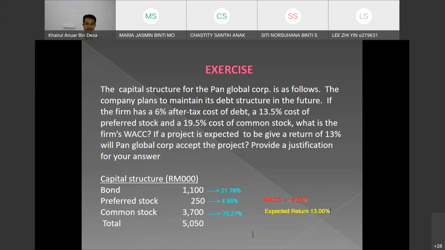So what is your decision? Okay, sekarang apa keputusan kita? What is your decision? Reject. Okay. Our decision now is reject. Why we reject? Soalan saya lagi. Kenapa kita reject?